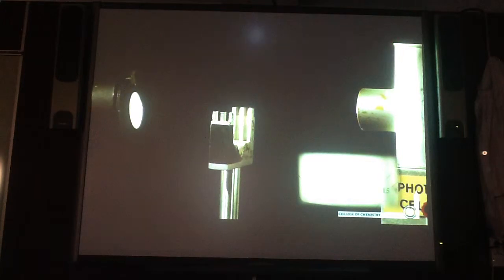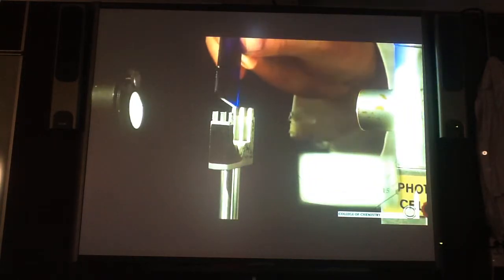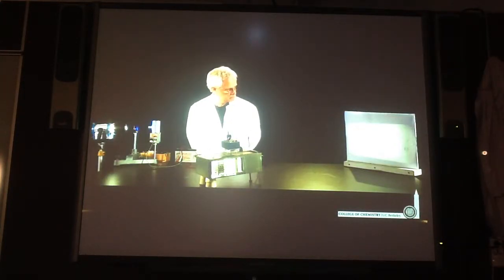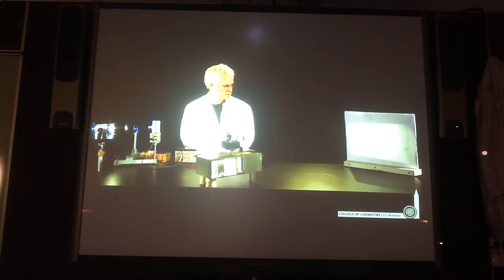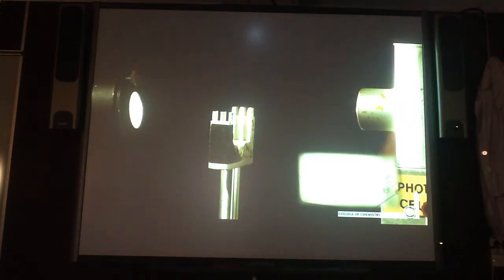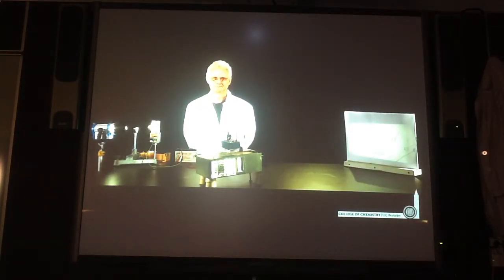Blue photons are the highest energy visible photons, and Lonnie has a blue filter that will pass only blue photons. Putting the blue filter in the path shows photoelectrons emitted at the highest energy. So here's an example of the photoelectric effect. Thanks, Lonnie, for that great demonstration.